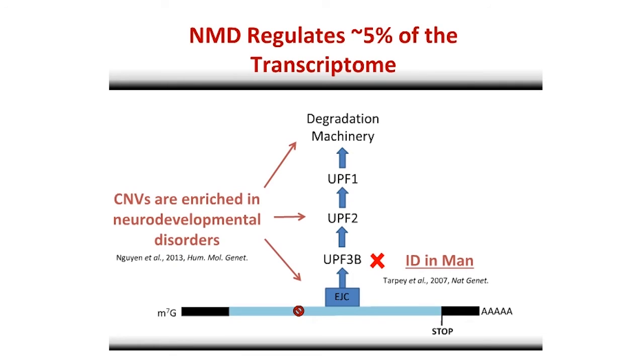When we further looked into this pathway to see whether the other components of the pathway were also involved in intellectual disability, what we found was numerous copy number variants, either whole gene deletions or copy number gains of various components of the exon junction complex, the NMD core machinery, that were actually enriched in neurodevelopmental disorders. So whilst we began with UPF3B as our main interest, we're now of the opinion that the whole NMD pathway could be very important for normal brain development.